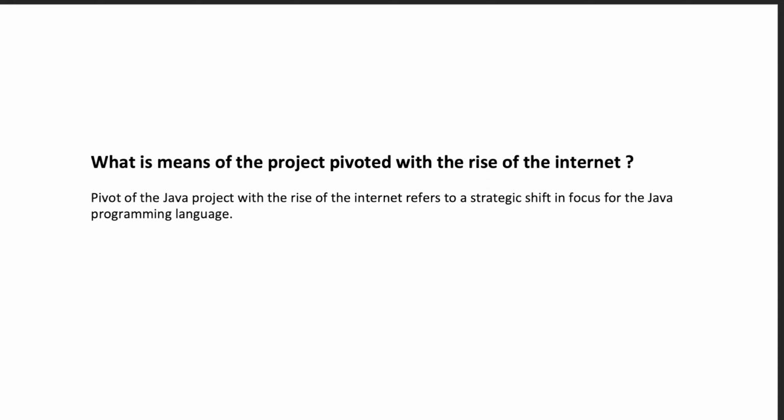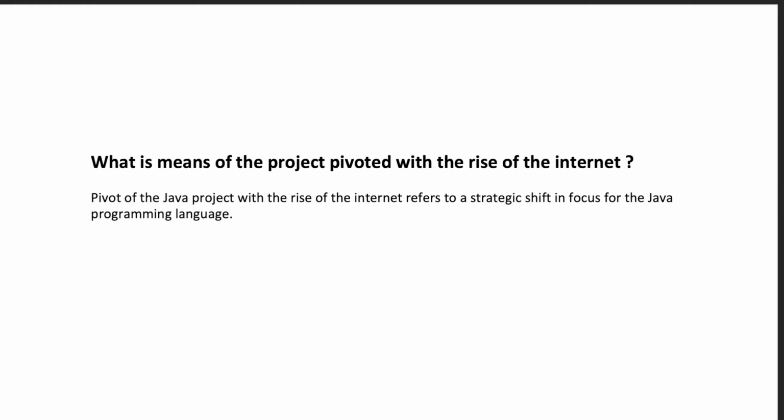Java's adaptability and security features made it an attractive option for creating interactive and dynamic content on the web. As a result, it became a foundational technology for web development, allowing developers to create applications that could be accessed and run through web browsers across different platforms.